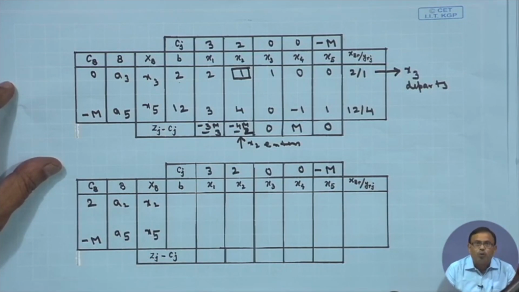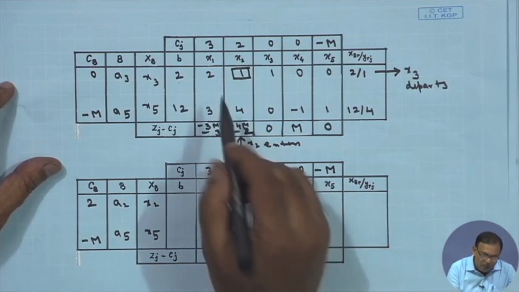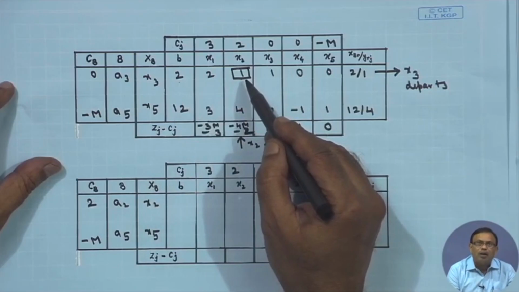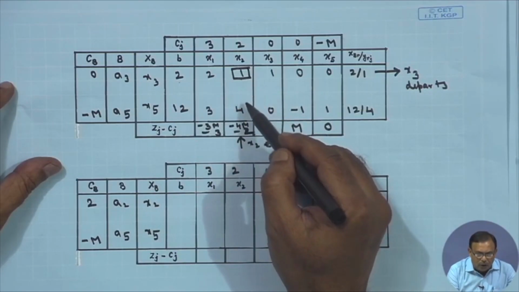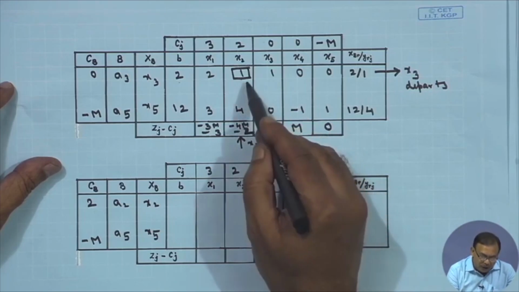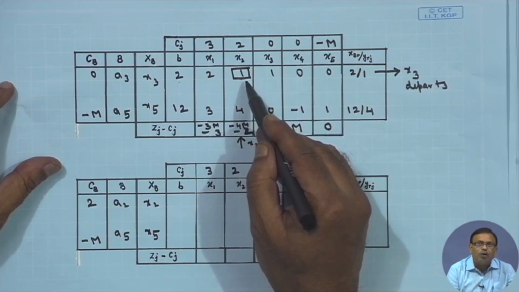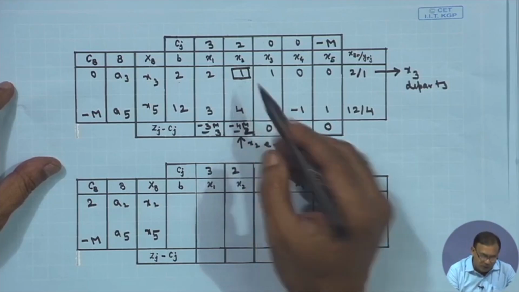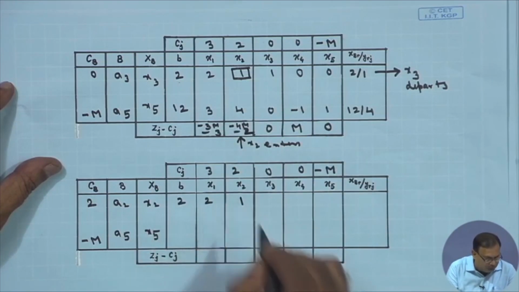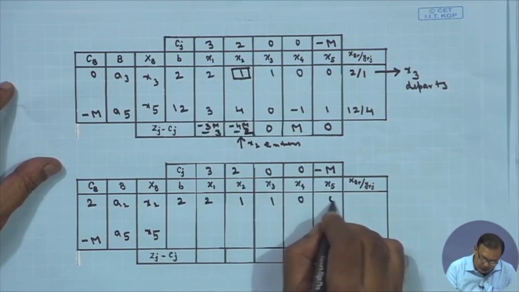What you have to do for the other columns, as we have said, is make the pivot element 1 and then make the other elements of this column 0. Since this is already 1, I do not have to do any operation on this row; it will remain as it is, that is 2 2 1 1 0 and 0.